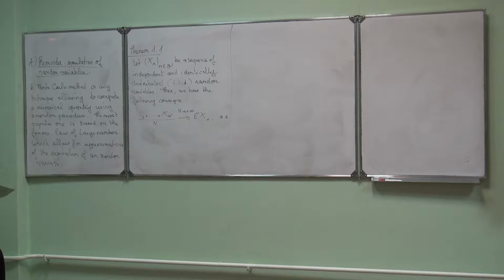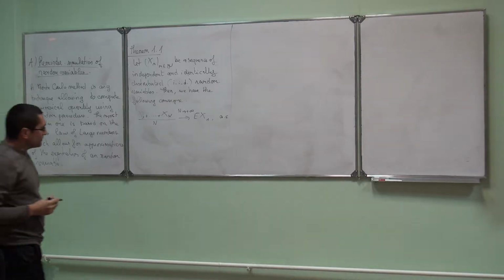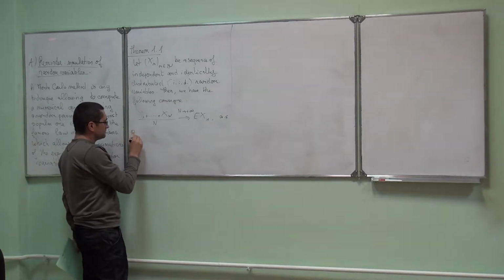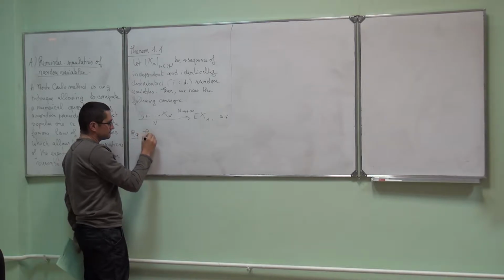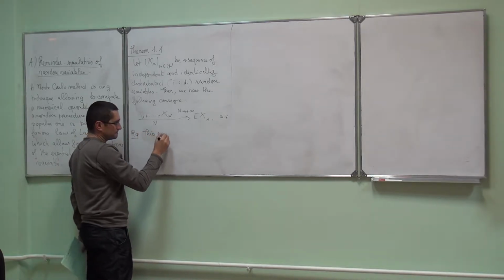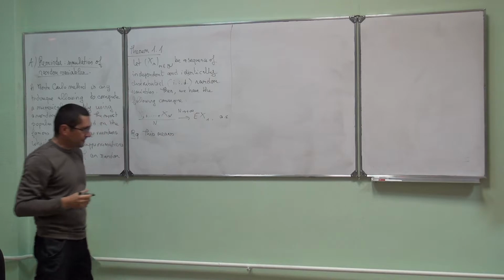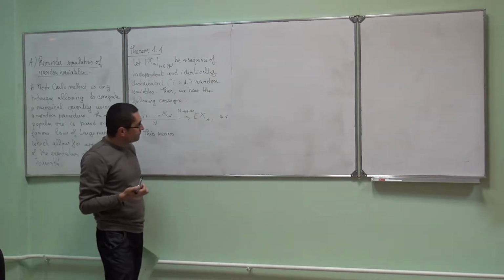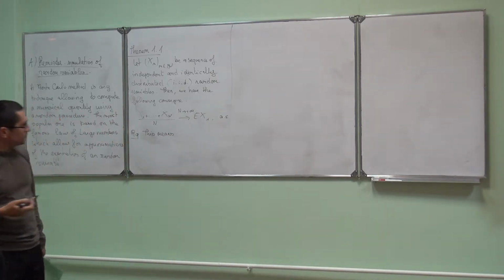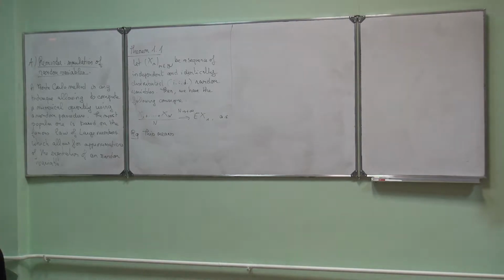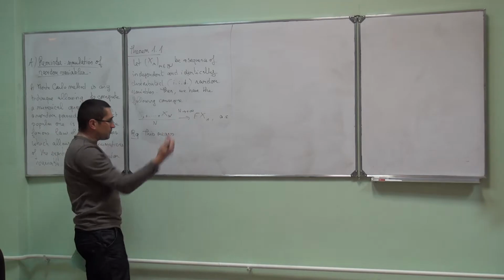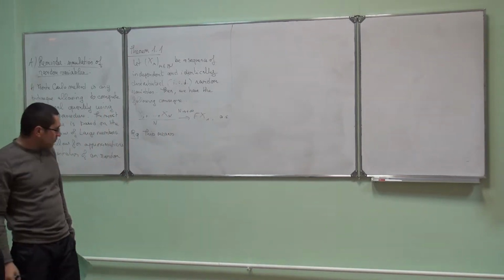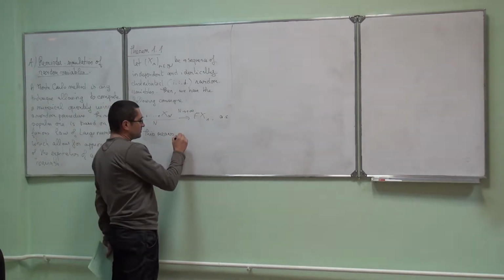So this means that it is enough to simulate such a sequence of IID random variables to obtain approximations of the expectation of X_1.